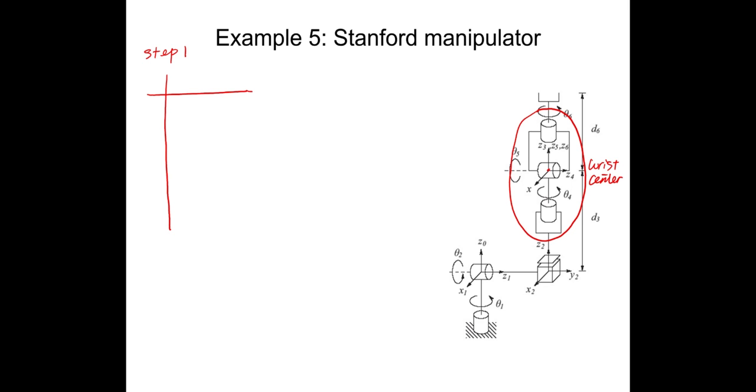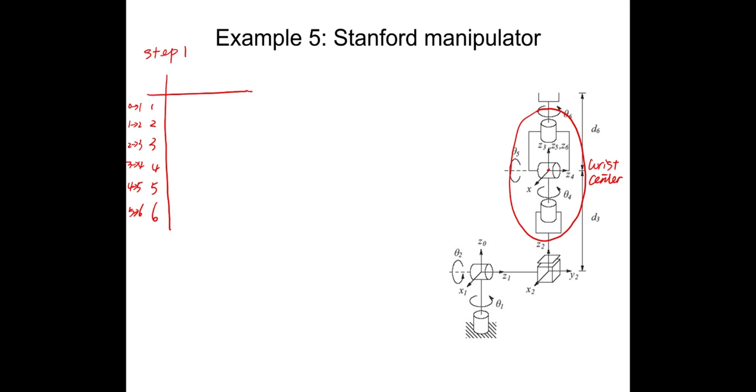Since we have 6 joints, we need to do 6 analyses, so I write 1, 2, 3, 4, 5, 6. And again, the 1 means frame 0 to frame 1, frame 1 to frame 2, frame 2 to frame 3, frame 3 to frame 4, frame 4 to frame 5, and 5 to 6. Okay, so these are the coordinate frame transformations.